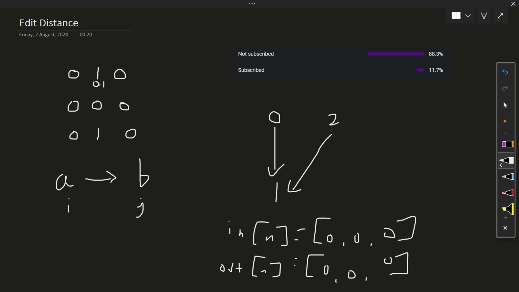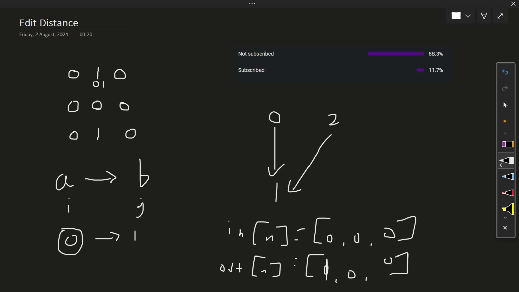So we have an edge from 0 to 1. From A to B, from 0 to 1, means there is an out edge from 0, so we have to increment out of 0 by 1.